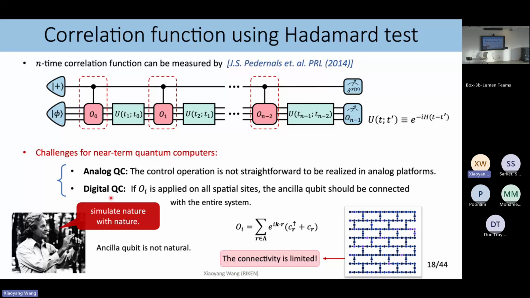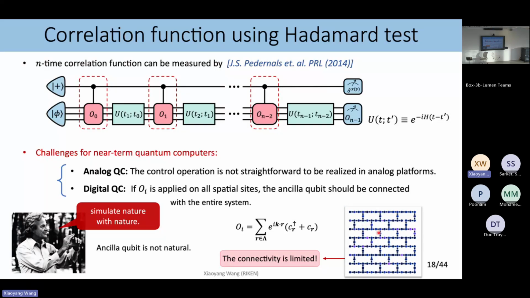But for the digital quantum computer, usually this operator O_i is applied across all the spatial sites. For example, this O_i is a momentum-definite operator. Which means, to apply this control operation, the ancilla qubit should be connected with the whole system. And this is very hard for a near-term quantum computer with very sparse connectivity.